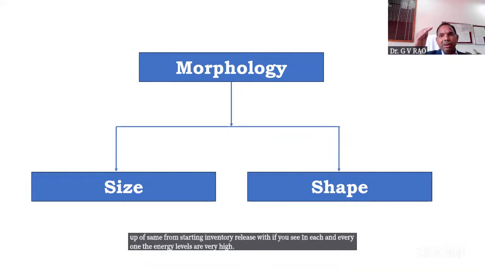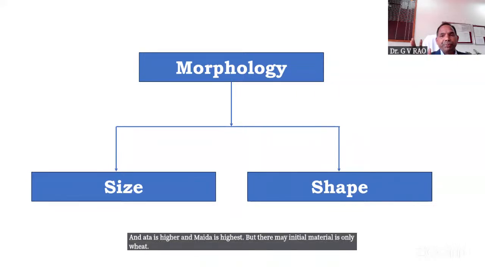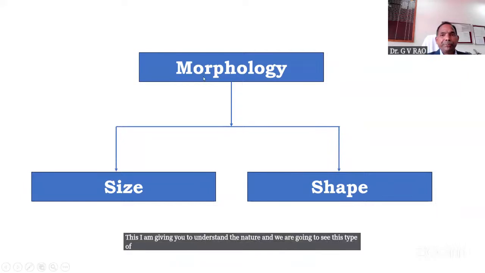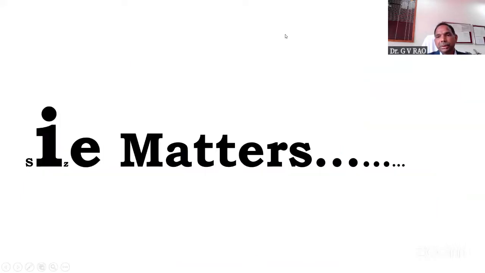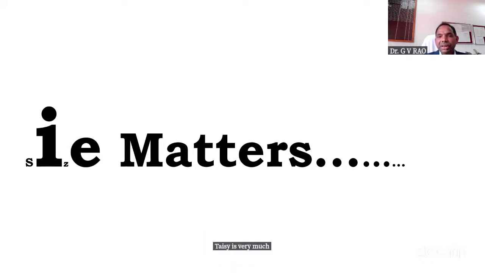The energy level in wheat is less, suji is high, atta is higher, and maida is highest. But their initial material is only wheat. I am giving this to help you understand the nature, and we see this type of material day to day. Size is very much important for us. Here you see, size matters.